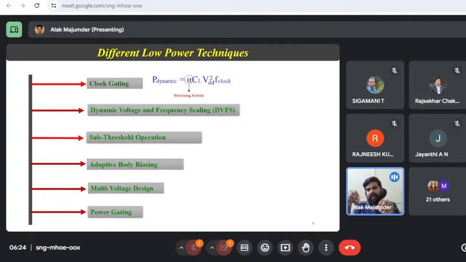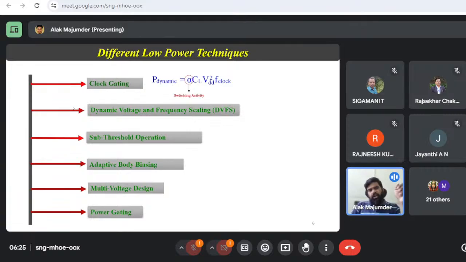But the problem in adaptive body biasing is leakage becomes huge. So this method is not considered, or it does not carry potential, in the lower nodes of design. Sub 20 nanometer technologies, for example, if we are designing in 14 nanometer, 20 nanometer or 10 nanometer, these methods are not that encouraged.